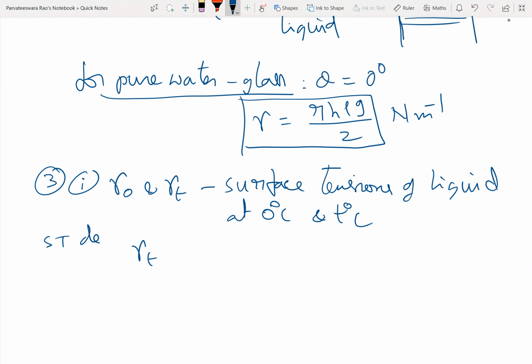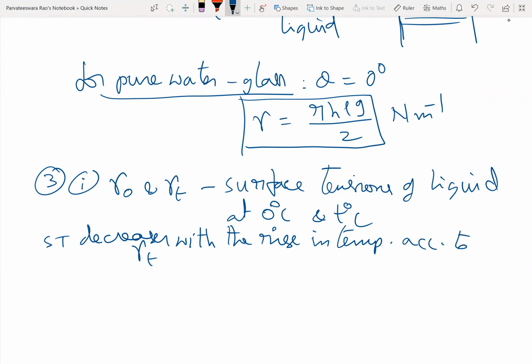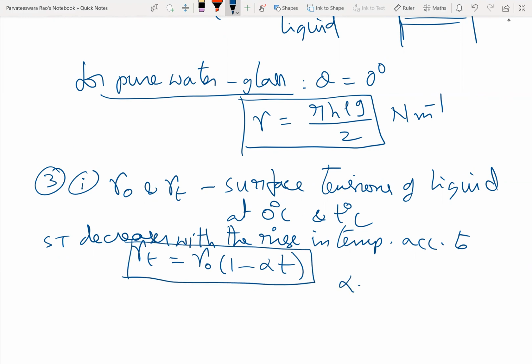Surface tension decreases with the rise in temperature according to the formula gamma T is equal to gamma 0 into (1 minus alpha T). This alpha is called the temperature coefficient of surface tension.